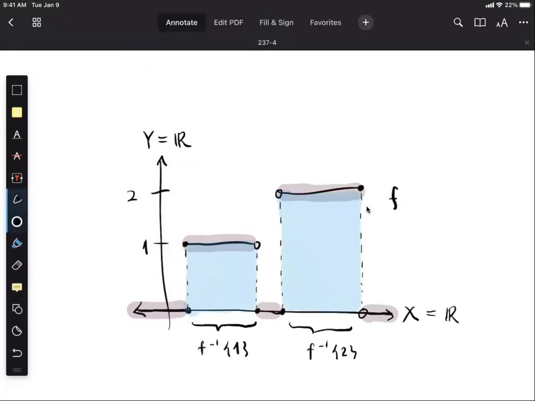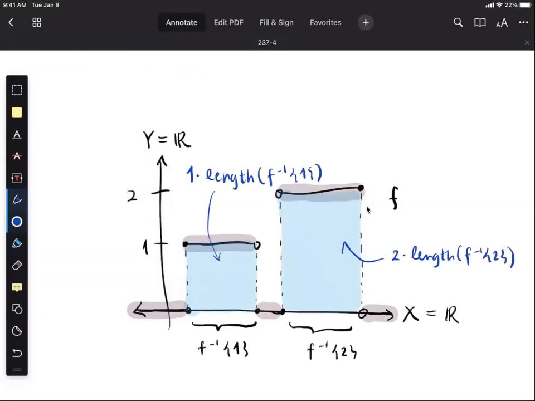For the first one, the area would be the height, which is 1, times the length of the inverse image. The second one would be the height, which is 2, times the length of the inverse image of 2. And then you take the sum.